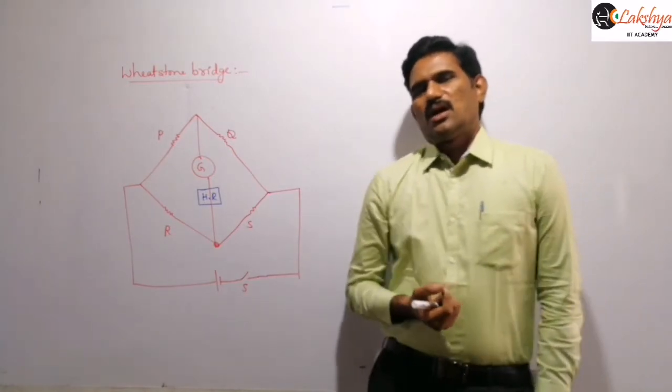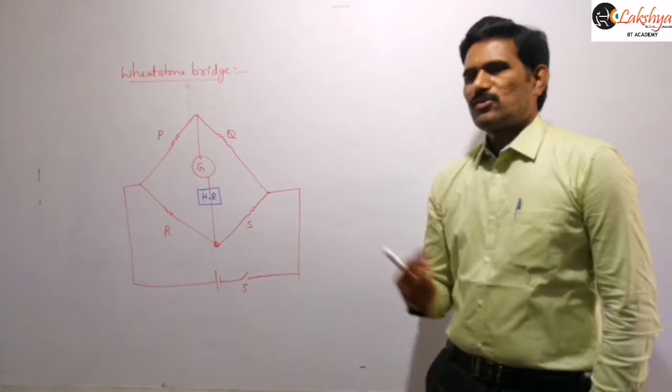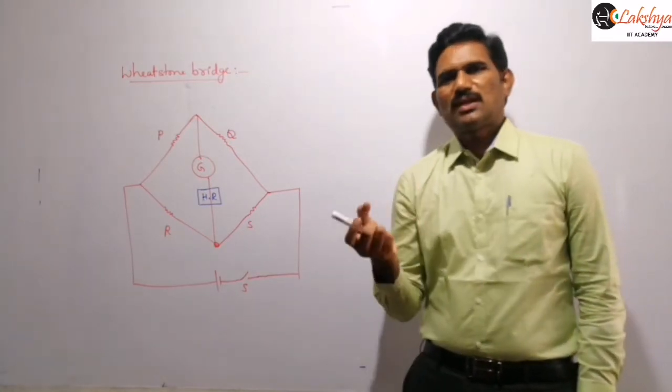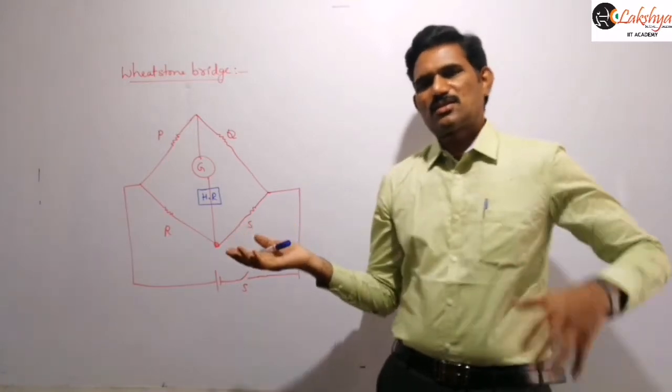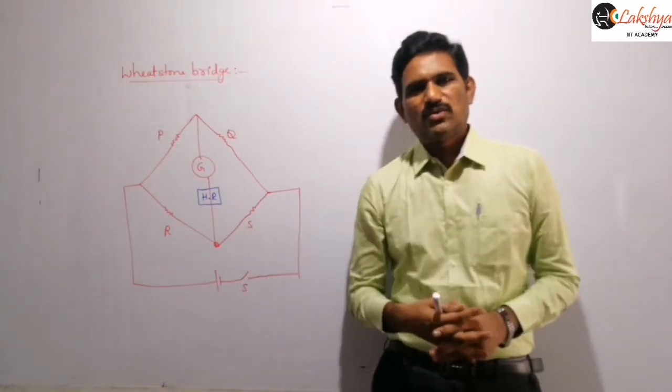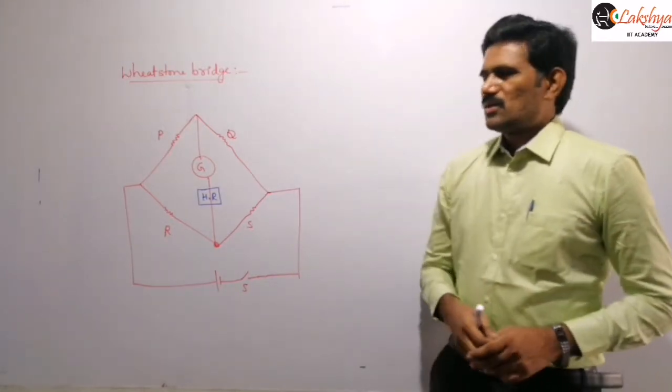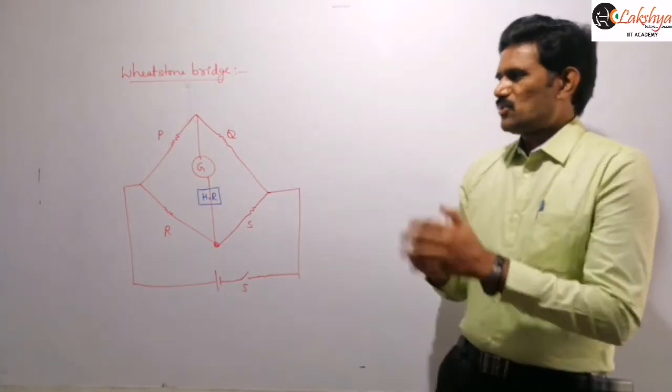When a large current flows, the device will get damaged. To protect it, we connect a high resistance, of the order of kilo ohms or even mega ohms. That is the general arrangement of the circuit.